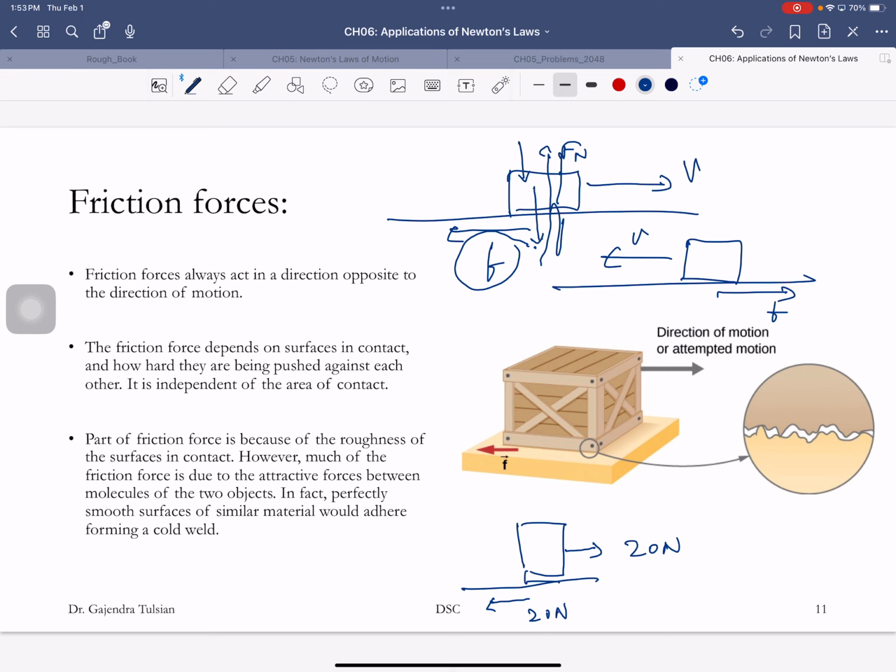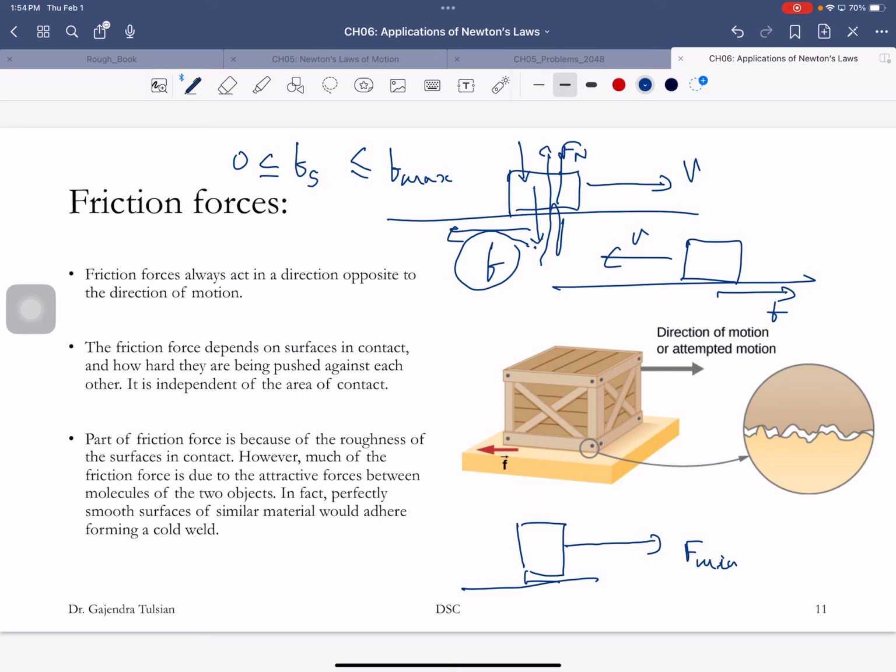So the point is, this static friction force can be anything from 0 to a maximum value. Do you guys understand? When I apply 0 force, the static friction force is 0. There is a maximum force I can apply.